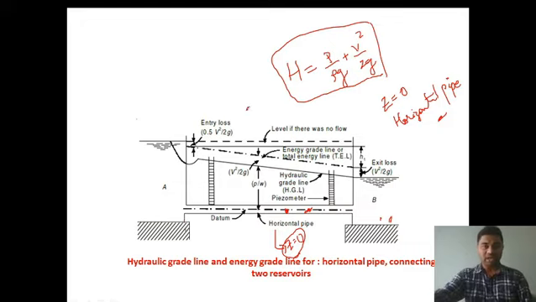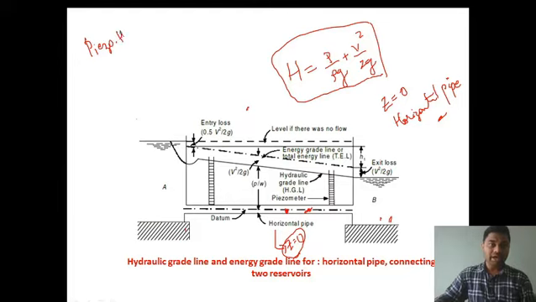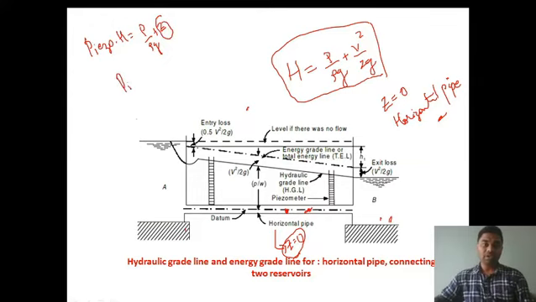Earlier we were talking about piezometric head. What is piezometric head? Pressure head plus datum head, P by rho g plus Z. As the value of Z is equal to 0, piezometric head now becomes P by rho g. And P by rho g is what?